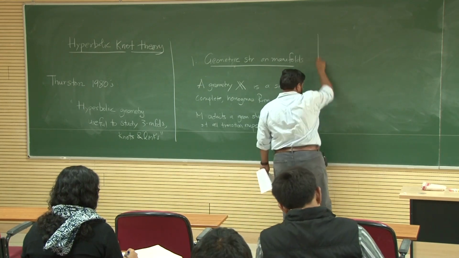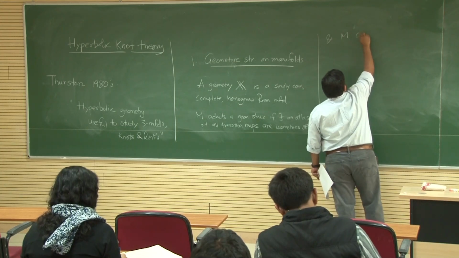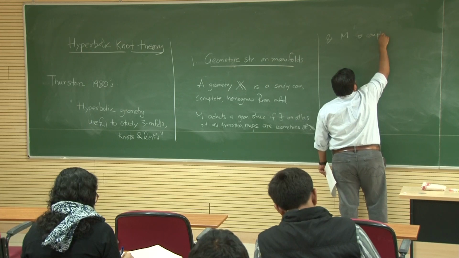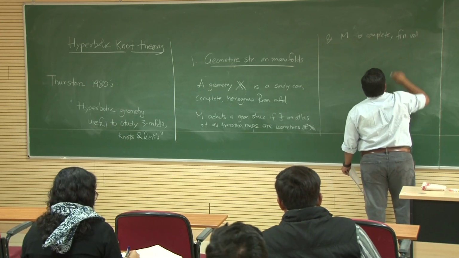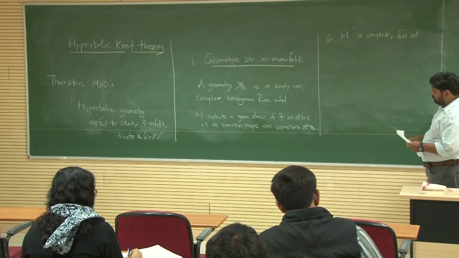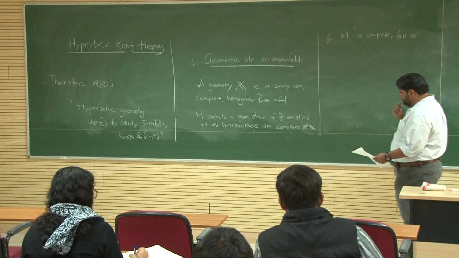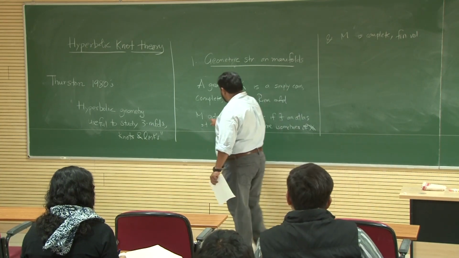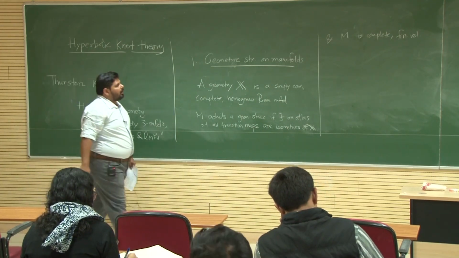And we want M to be complete and of finite volume. What this means is you can see M in a couple of different ways.